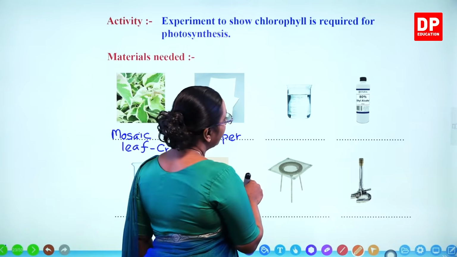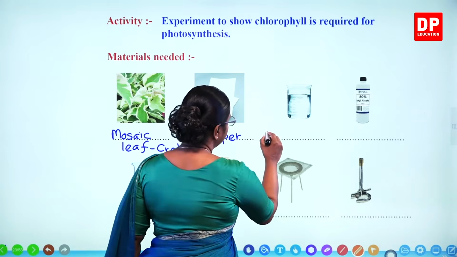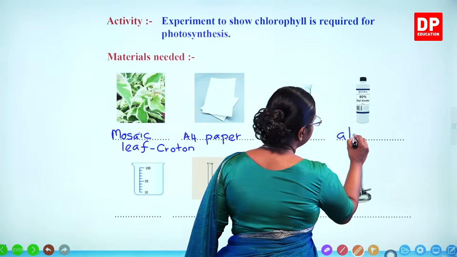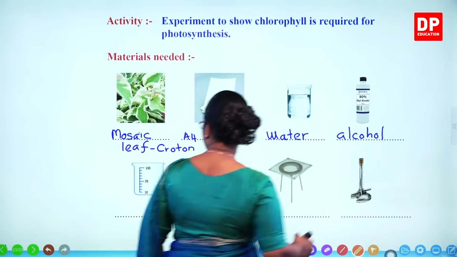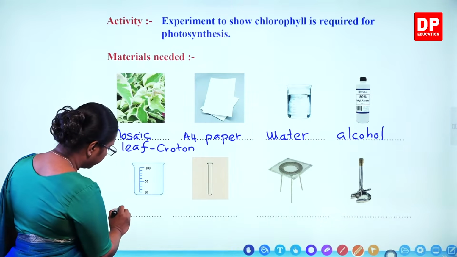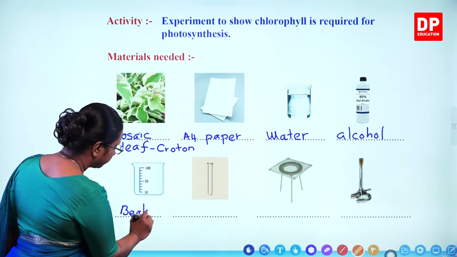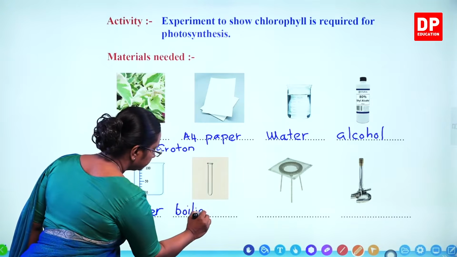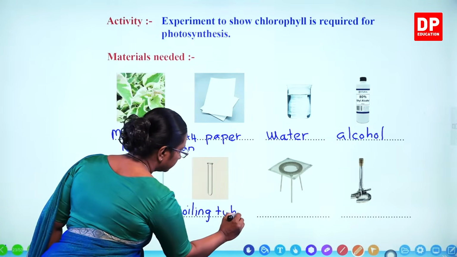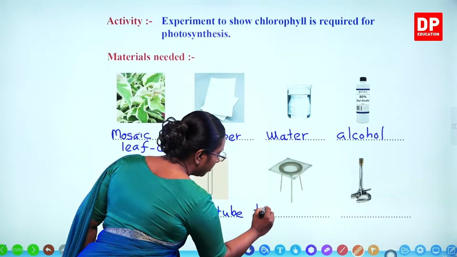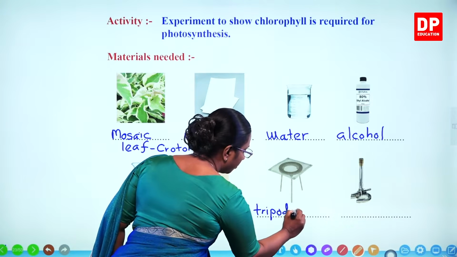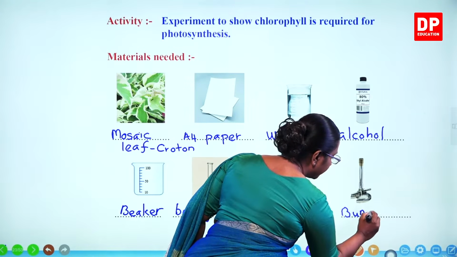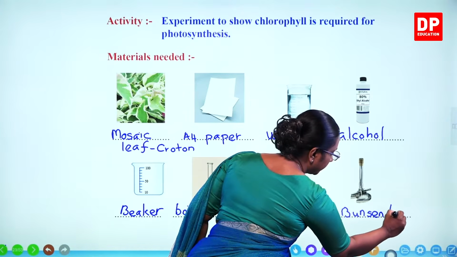Then to do the test for the presence of starch, we need water, alcohol, a beaker to use as the water bath, boiling tube, the tripod, wire mesh and the Bunsen burner.